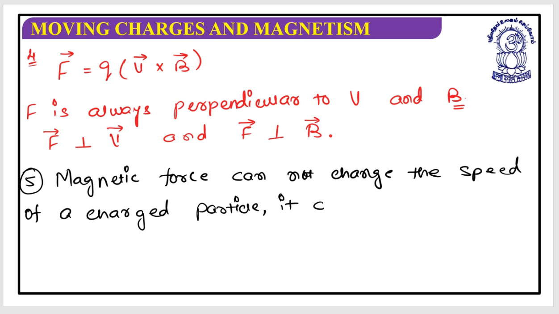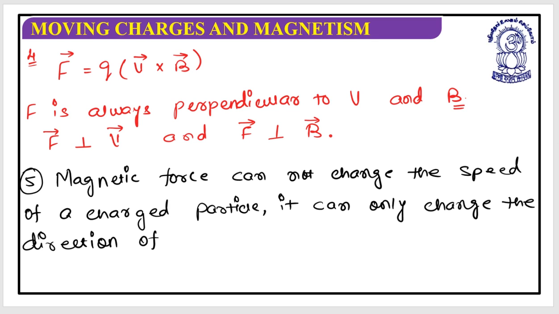It can only change the direction of the charged particle. I hope you understand this: because F is perpendicular to V, and if the force and velocity vector are perpendicular to each other, it cannot change the speed of a charged particle, but can only change the direction of the charged particle.